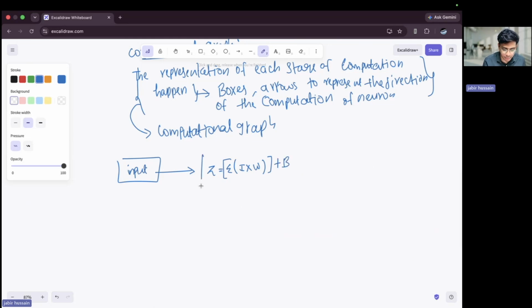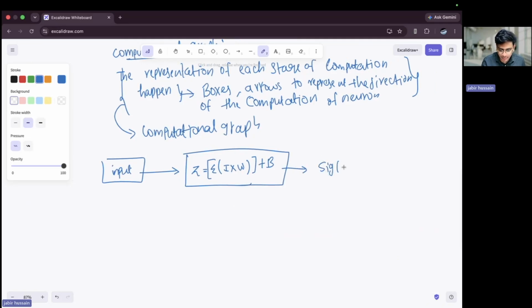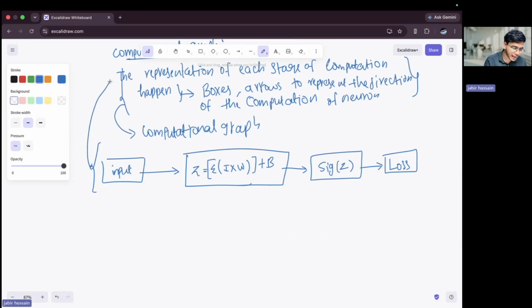We are doing this in step 2, so we represent this in a box. Then we give this to a sigmoid function, calculating sigmoid of z. This is a box in itself. And from that we calculate loss, and loss is our final output. So this is the flow of the neuron. Whatever diagram we got, we call it a computational graph.